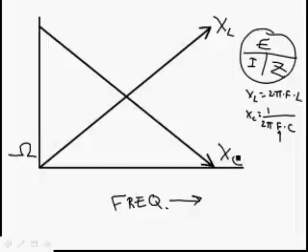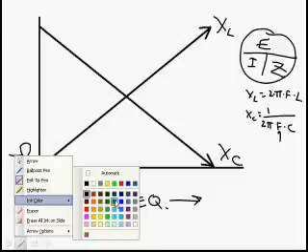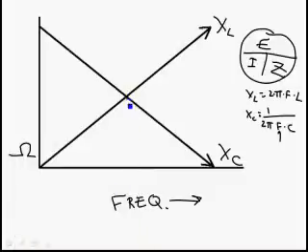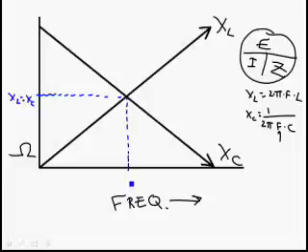Now you'll notice that there is an intersection of XC and XL at a certain frequency. At a certain frequency, XL equals XC. And that frequency right there would be the resonant frequency. The resonant frequency has several characteristics, and one of them is it's where XL equals XC.